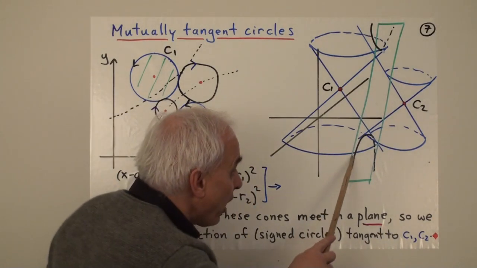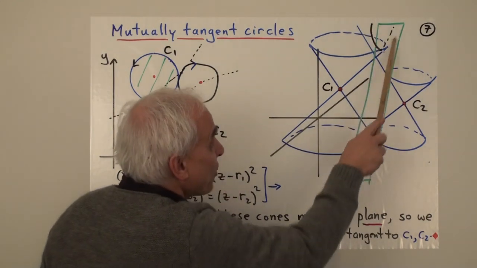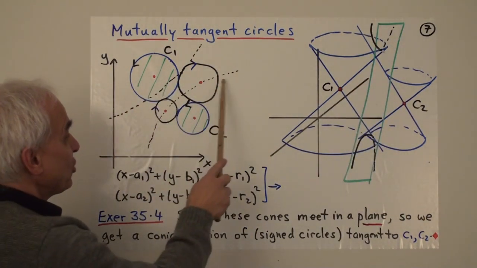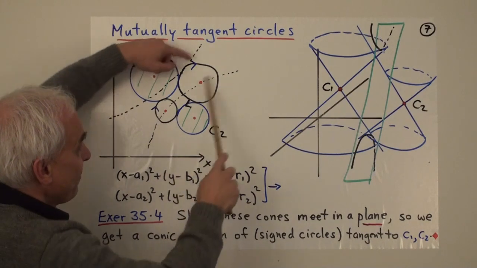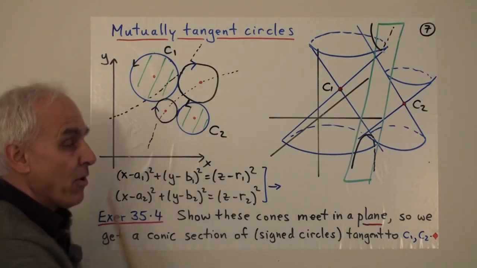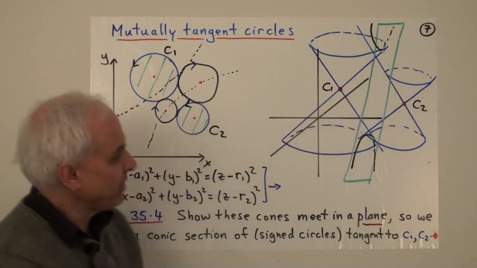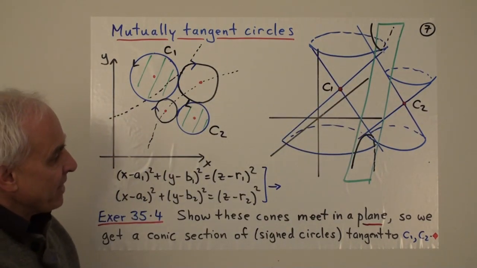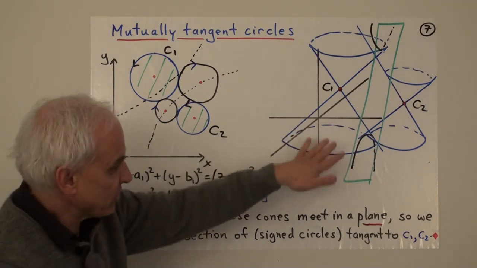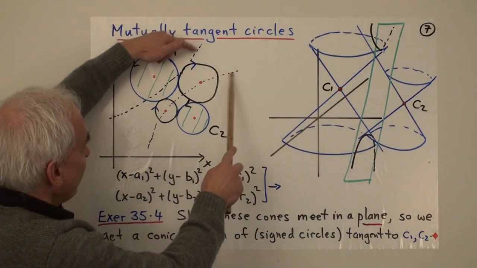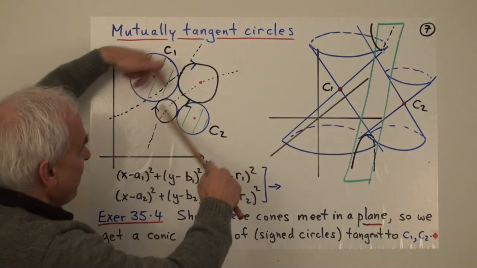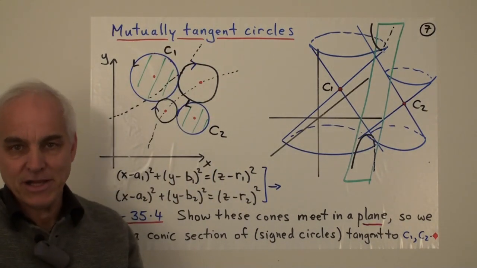And the points on this hyperbola correspond to the two families of circles which are mutually tangent to both C1 and C2. So the projection of the hyperbola onto the xy plane gives us the centers, and that's that hyperbola there that we're seeing in the dotted lines in the diagram.